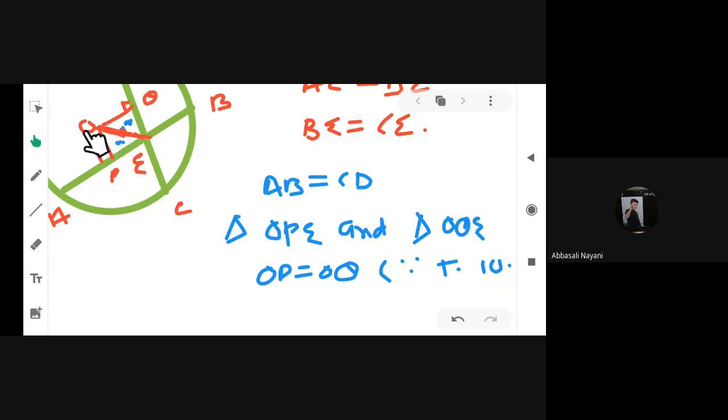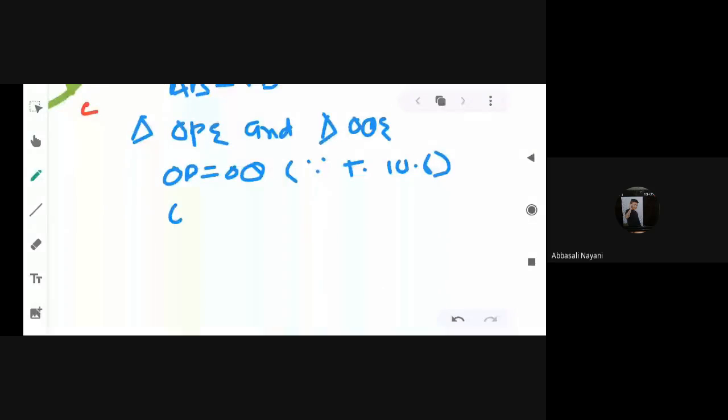Now another thing. OE is a common side for these two different triangles. Yes or no? Tell me. Hello? Hello? Abbas, yes, sir. Fazil. OE is a common side for these two triangles. Next to OE in brackets we can write common.